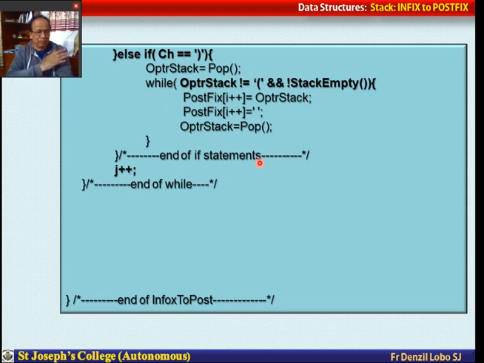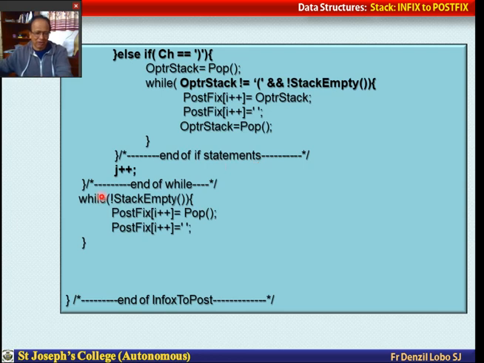Then we have come to the end of the while loop. That means you have come to the end of the infix expression. There may be some operators left on the stack. You pop them, so again, as long as the stack is not empty, you pop and insert it into the postfix expression. So this way we have gone through all the four options: left parenthesis, operand, operator, and right parenthesis.